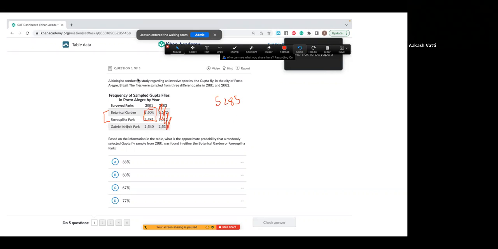And the overall frequency of sample flies is 7925. Then you divide the two, because you want the probability of it appearing in these two places versus all three of these, and you get around 67%. So C. Does everyone understand why it's C and not some other number?